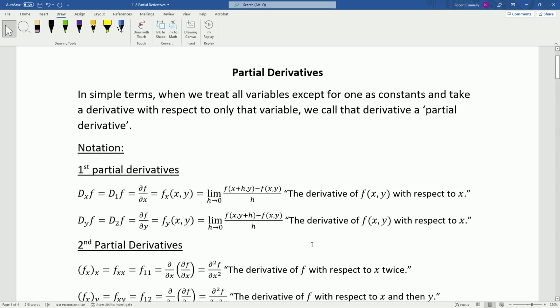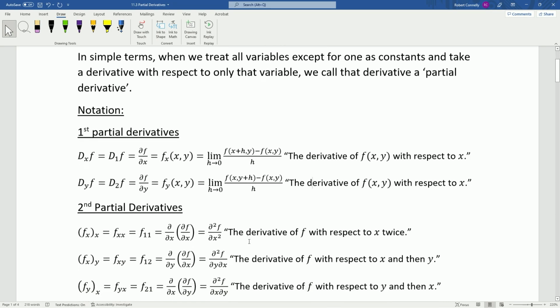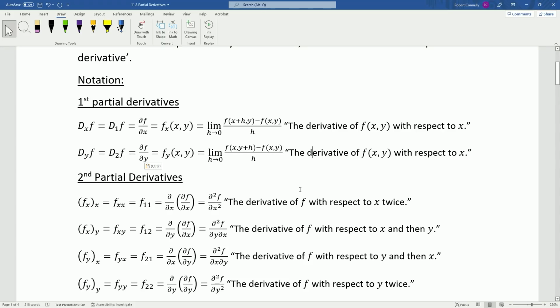Okay, so what about second partial derivatives? Again, we've got a lot of notation options here, and we kind of just have to be careful with them. So one thing to keep in mind is that if we want the derivative of f with respect to x twice, so that's f sub x, which is f sub xx.